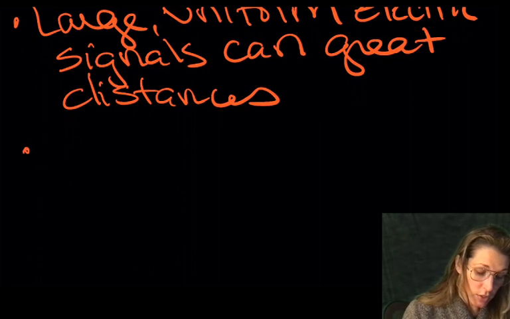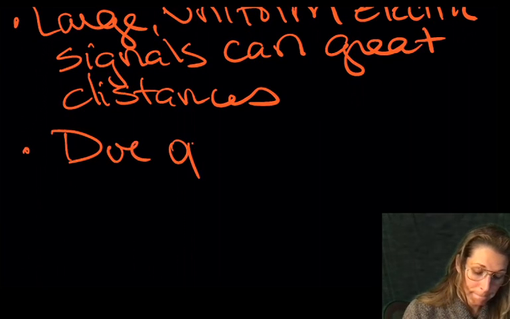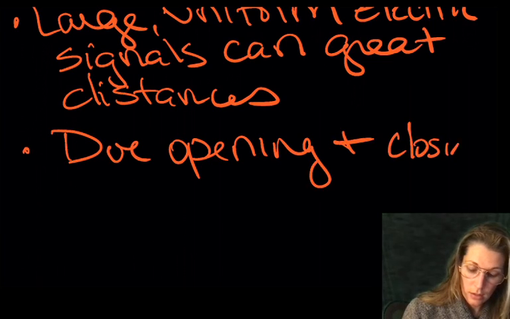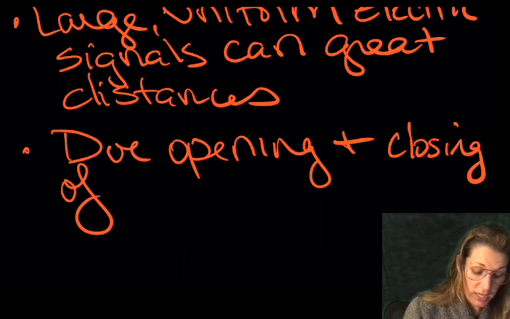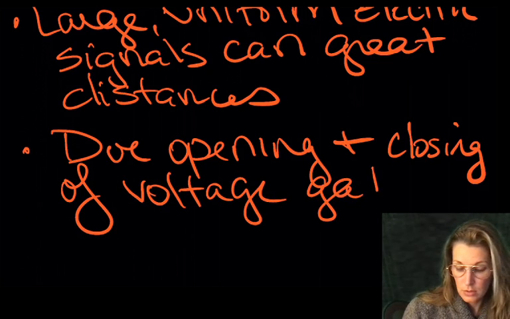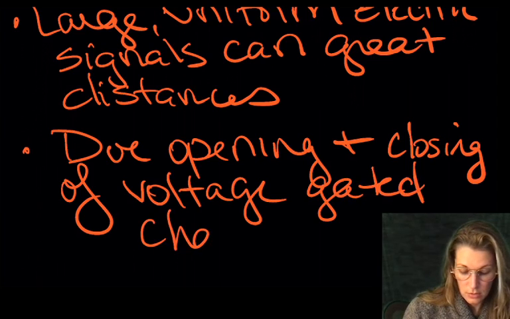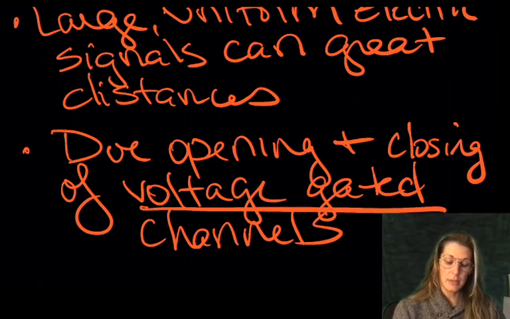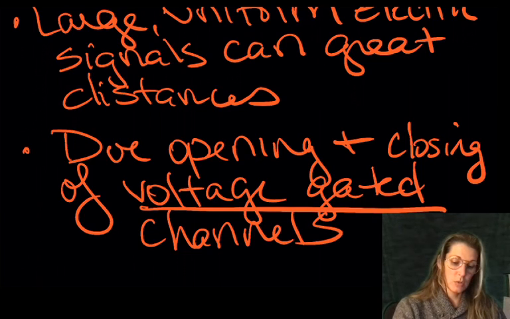So these are due to the opening and closing of voltage gated channels. How is this different than graded potentials? We just talked about this.